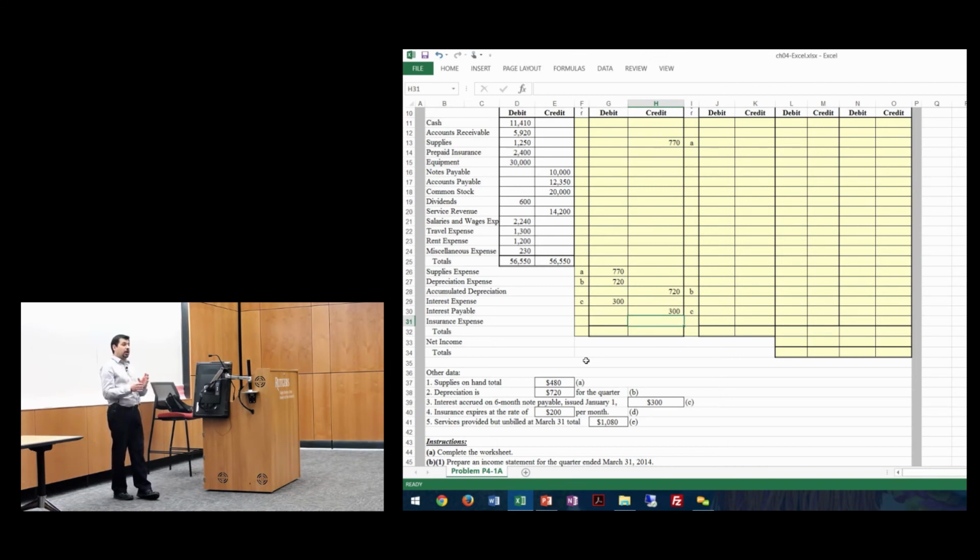They want to keep track of the original amount and the interest that is accrued on a monthly basis. This is why instead of just dumping everything in notes payable, they separate it: notes payable is for the principal amount, and interest payable or interest expense is for the interest.